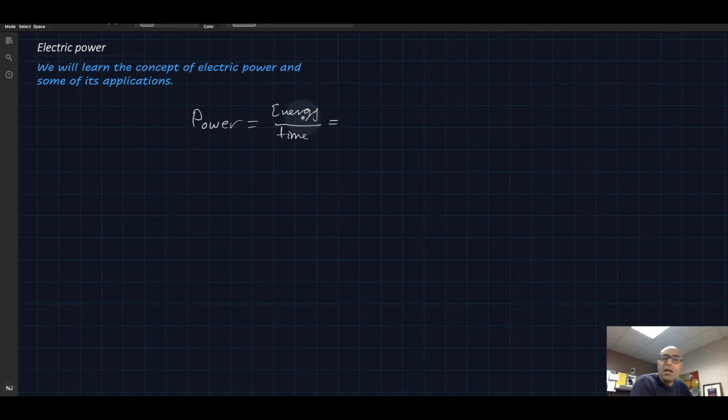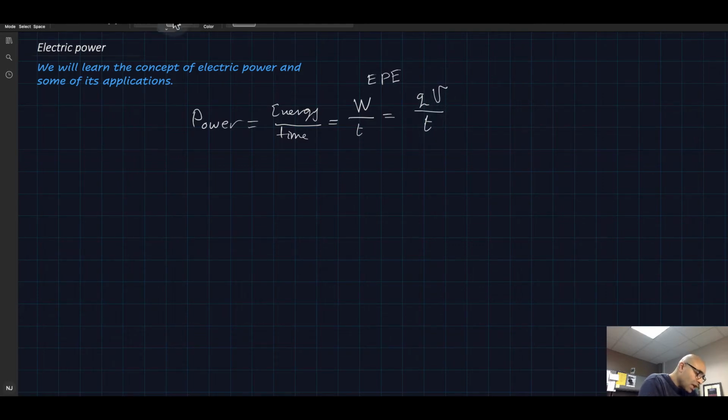So that's the electric energy coming from the electric field, and we learned it to be equal to W, or EPE, the electric potential energy, divided by time. The electric potential energy is equal to Q times the voltage, divided by time.